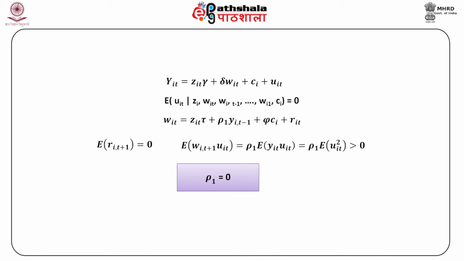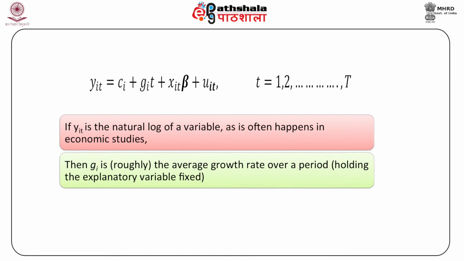For a Bartlett kernel, w_k bar(L) is equal to 1 minus L divided by (k bar plus 1). Step 3. Compute the panel test statistics.